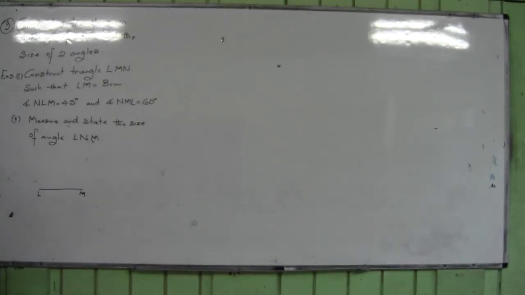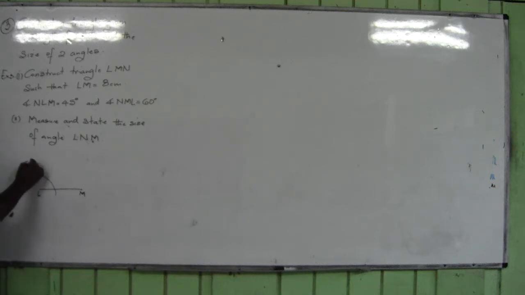We're then told that angle NLM is equal to 45 degrees. Where would I put angle NLM? You always put the angle at the letter in the middle. You all remember how we get 45: construct 90 and then cut it into two equal halves. I do more wide, this is 60, then 120. 90 would be in the middle between 60 and 120.